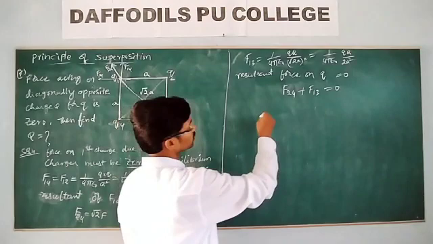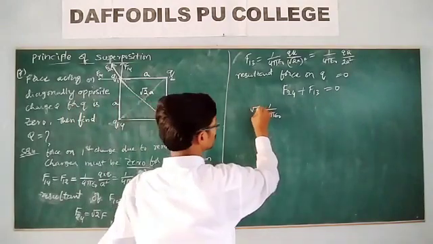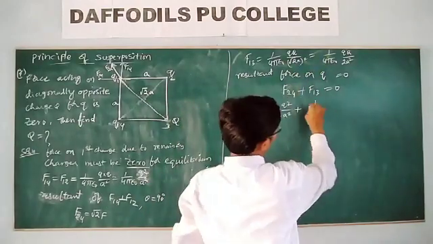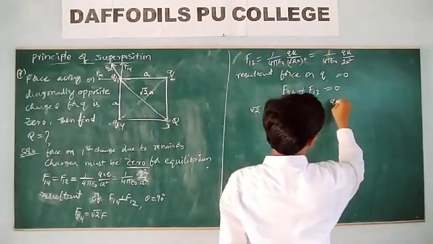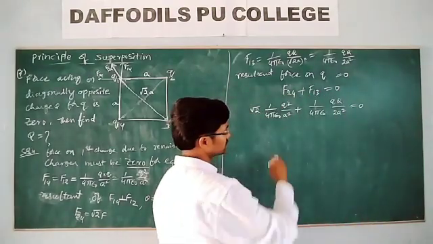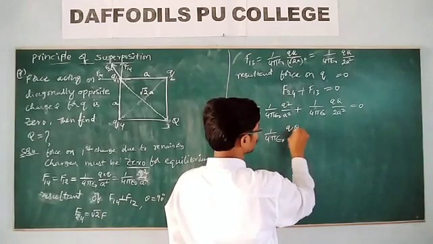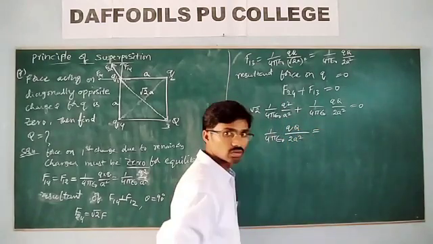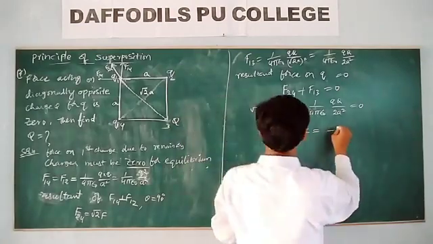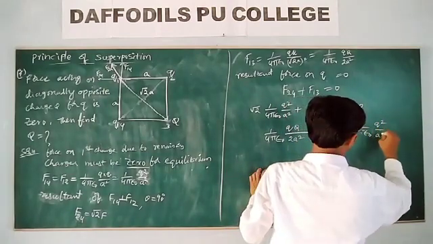Let me substitute those values here. F24 is root 2 into 1 by 4 pi epsilon naught q square by a square, plus F13, which is 1 by 4 pi epsilon naught q into Q by 2a square, is equal to 0. Now take this one to the other side: 1 by 4 pi epsilon naught q into Q by 2a square is equal to minus root 2 into 1 by 4 pi epsilon naught q square by a square.